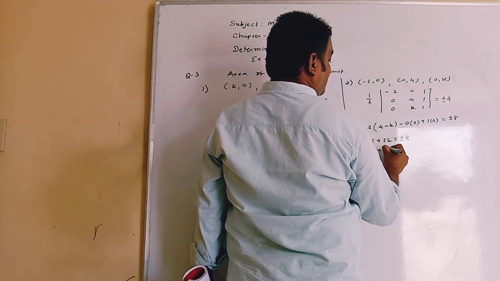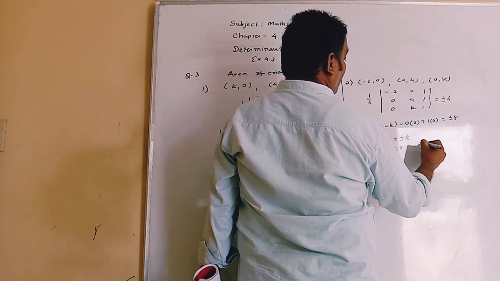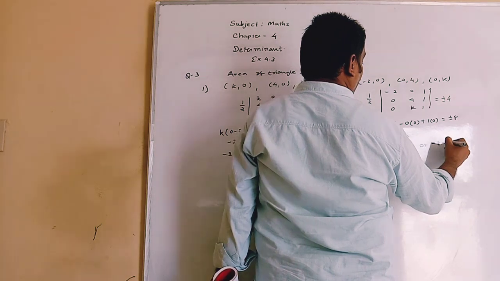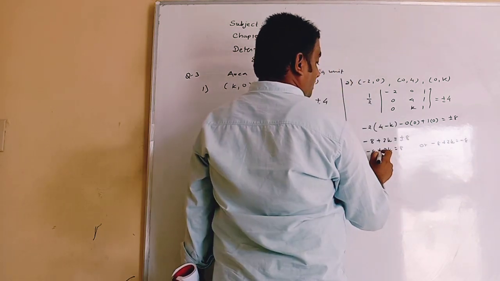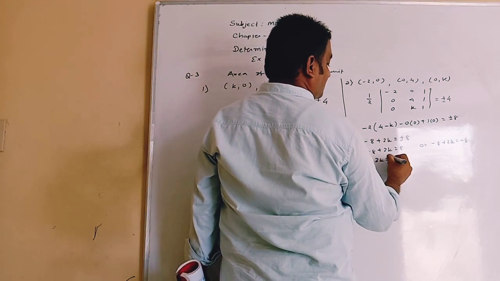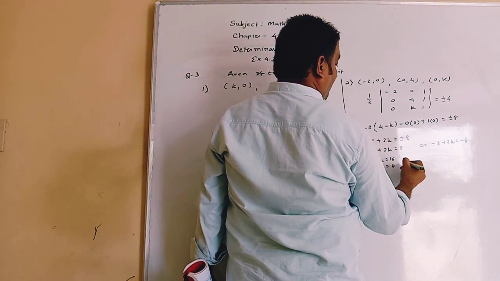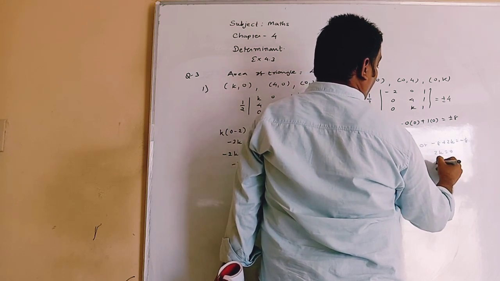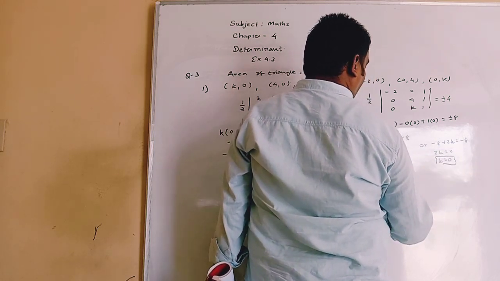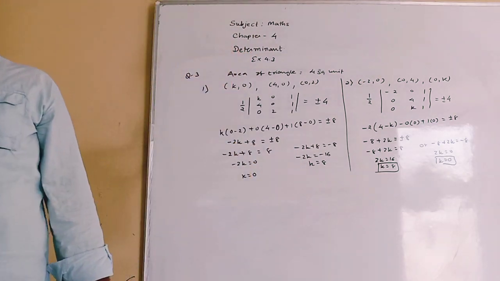So minus 8 plus 2k equals 8, or minus 8 plus 2k equals minus 8. So 2k equals 16, so k equals 8, and here 2k equals 0, so k equals 0, and so k's possible values are 8 and 0.